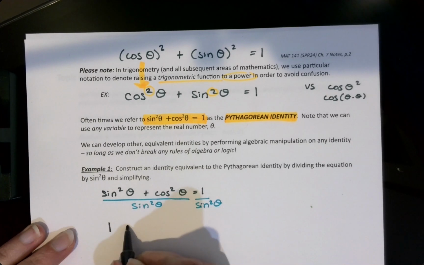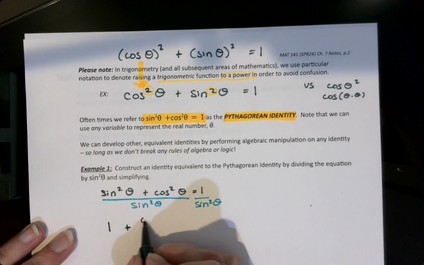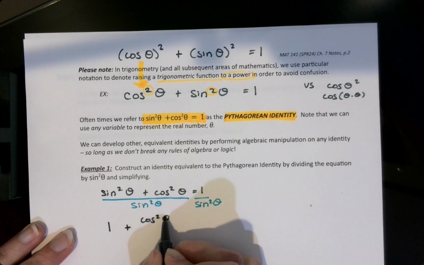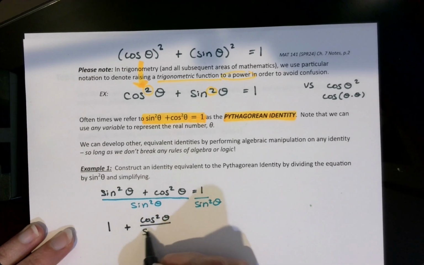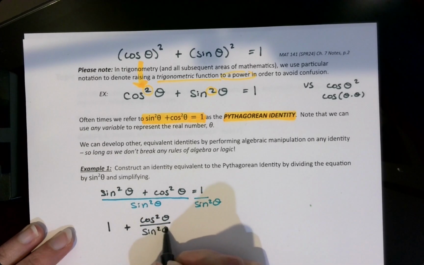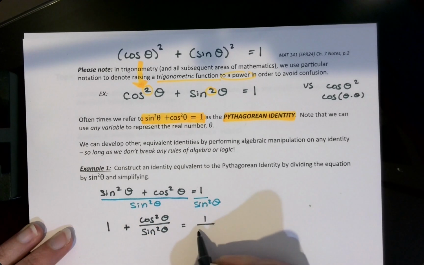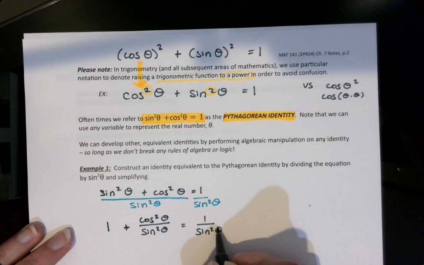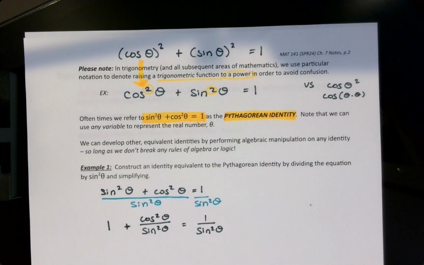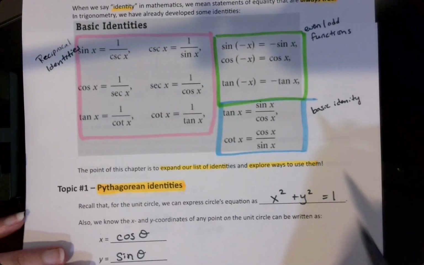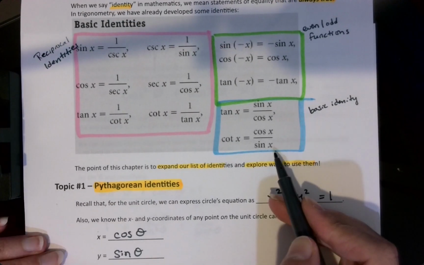We'll recall from our basic identity page that cosine theta over sine theta is equal to cotangent of theta. So cosine squared over sine squared should be equal to cotangent squared of theta. So we have 1 plus cotangent squared of theta here.